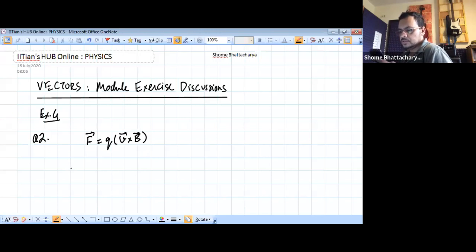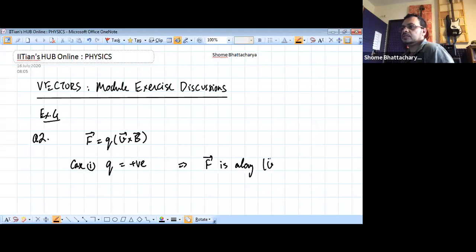So in case 1, q is positive. Okay. So if q is positive, that means that F is along the vector v cross B. See, when you look at the quantity F, it is a scalar quantity q multiplied by a vector quantity v cross B. This quantity here is a vector, and this quantity here is a scalar.